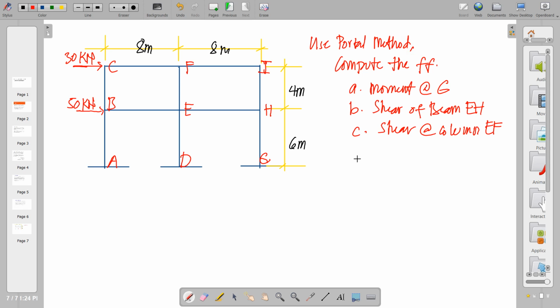So the first step is to make a portal for G. Remember that in this frame we have hinges on mids of the vertical and the horizontal members.